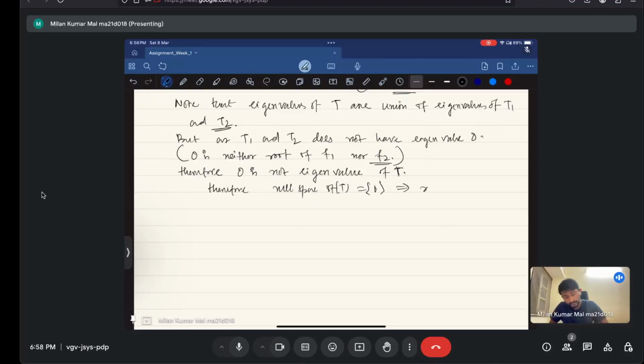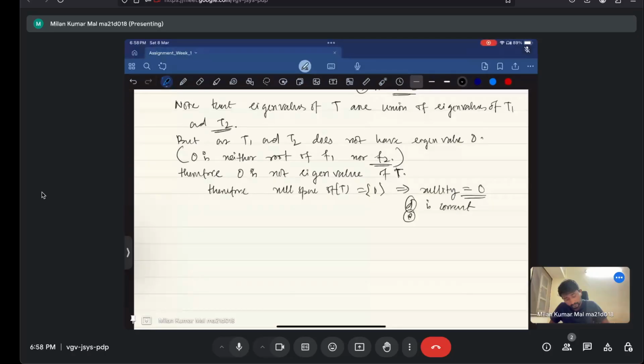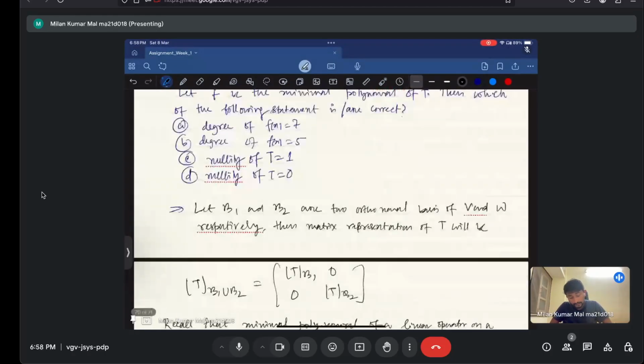That implies nullity is equal to 0. That implies option D is correct, and option C is false. So option A is correct, B is false, C is false, D is correct. Okay.